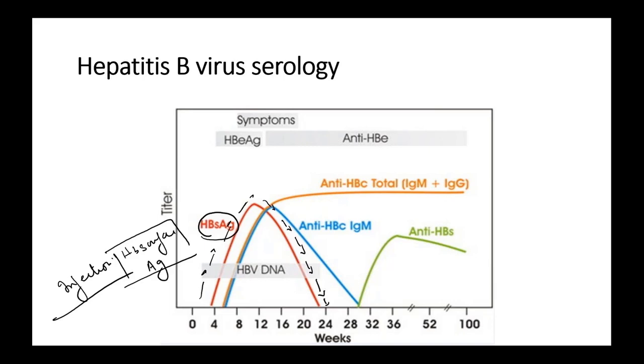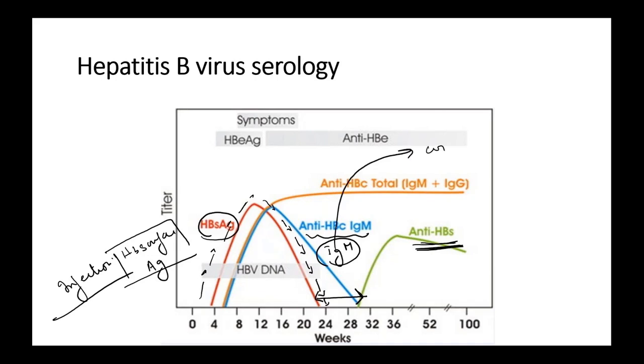Now, if you test the patient between this, where surface antigen is gone and core antibody appears, at this point only core antibody IgM will be positive, because surface antibody has not appeared yet, and this is called the window period.